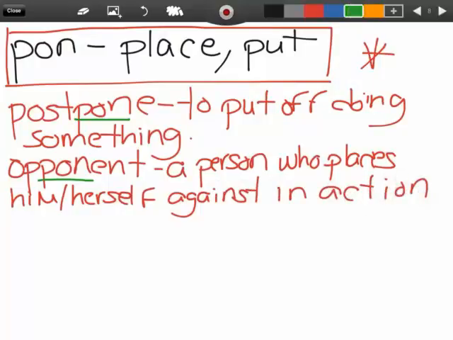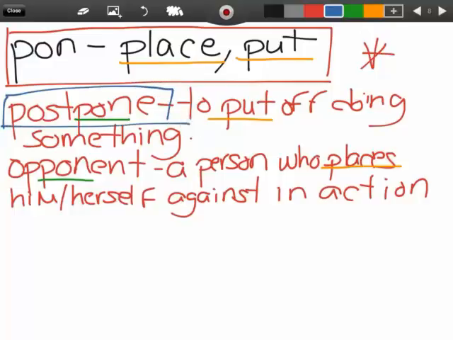As you can see here, and postpone, it means to put off doing something. So I'm going to go ahead and underline to put, and an opponent, a person who places him or herself against an action. I'm going to go ahead and underline places here so you could see it much more clearly, and I'm going to go ahead and use postpone in a sentence.